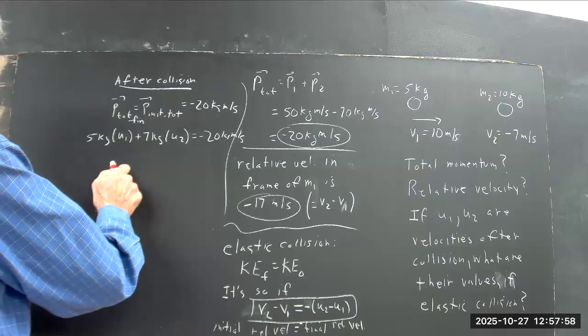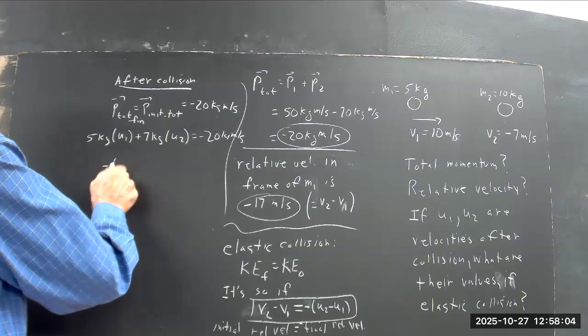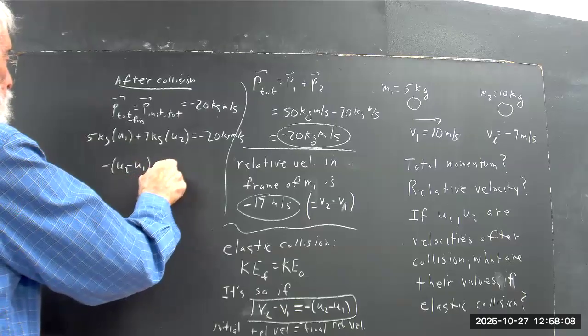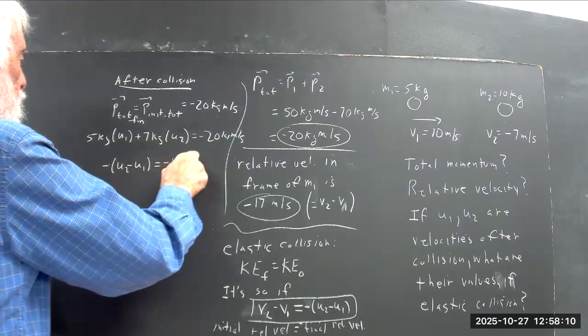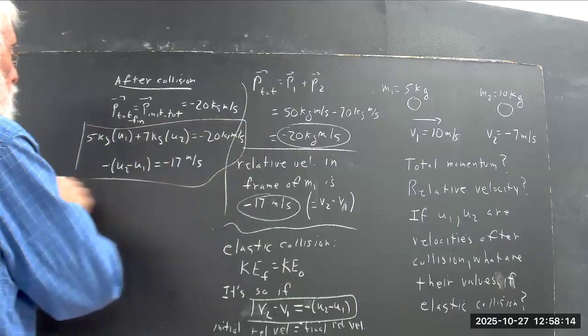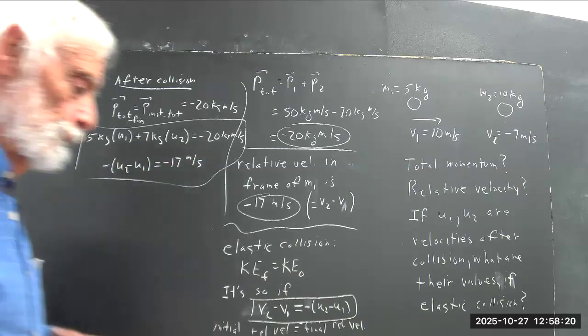And then negative quantity U2 minus U1 equals negative 17 meters per second, and we got a question.